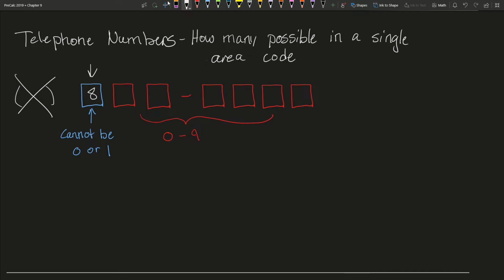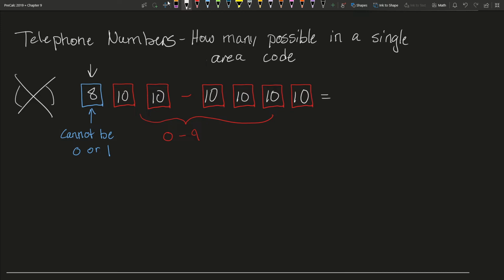There's 10 digits, and we're taking away 2 of those. And then every other digit can be any digit from 0 to 9. So there are 10 possibilities for the second, 10 for the third, 10 for the fourth, fifth, sixth, and seventh. So the total number of different telephone numbers within an area code is all of these numbers multiplied together: 8 times 10 times 10 times 10 times 10 times 10 times 10.